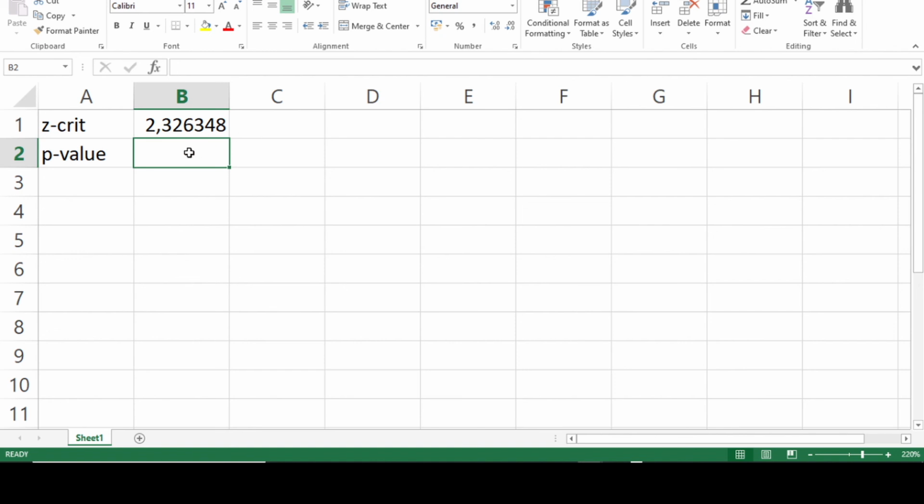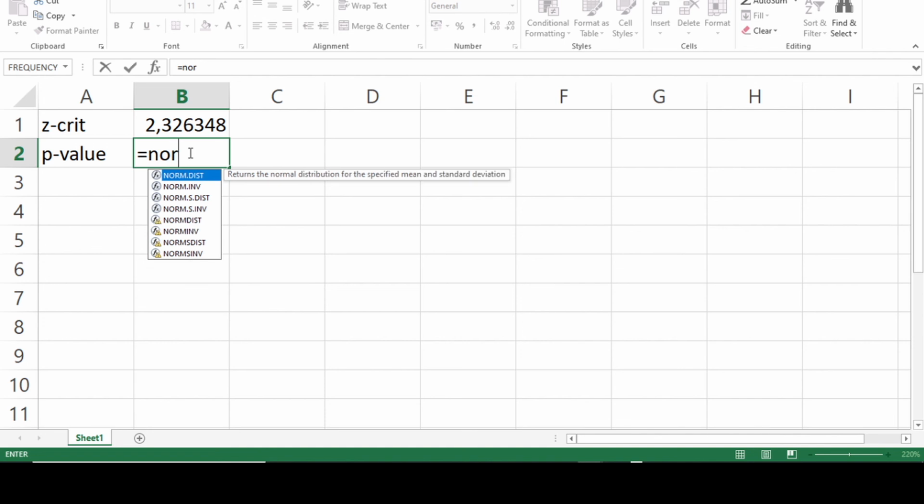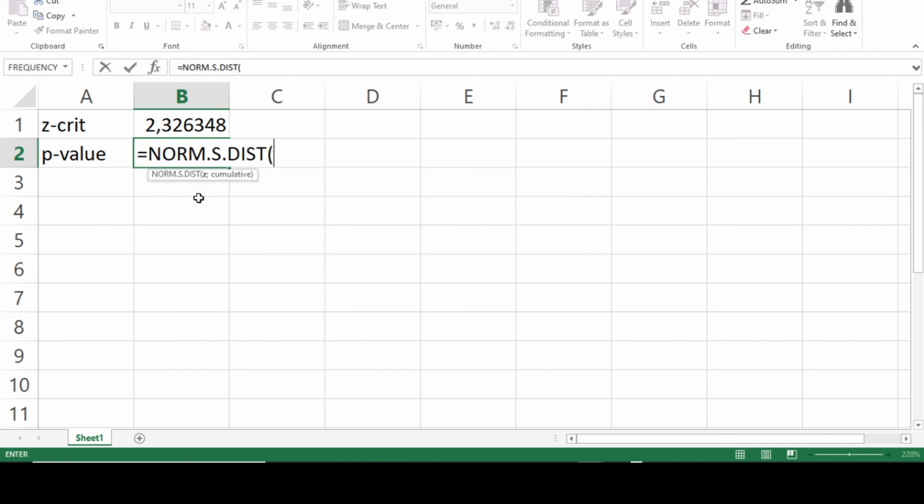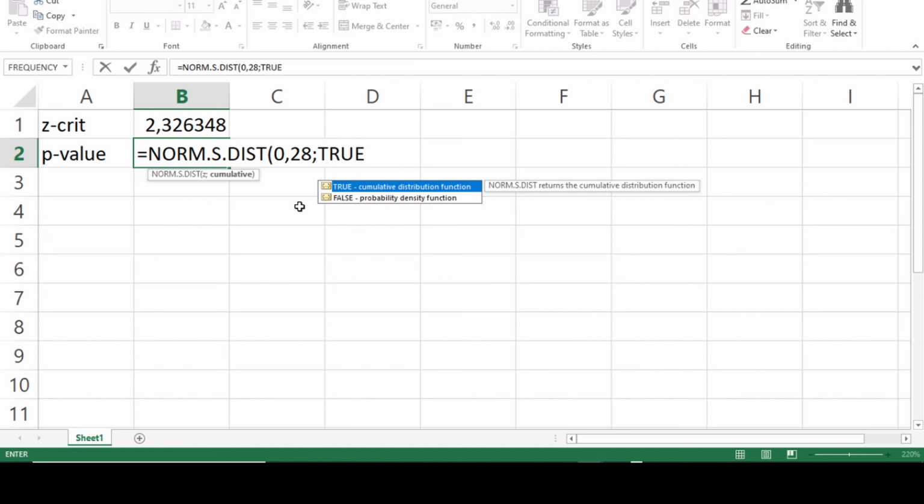And then for the p-value, we make use of the norm dot s dot dist function. My observed test statistic value was 0.28, and we are working with the cumulative distribution function, not the probability density function, so you can put in a true or a 1.